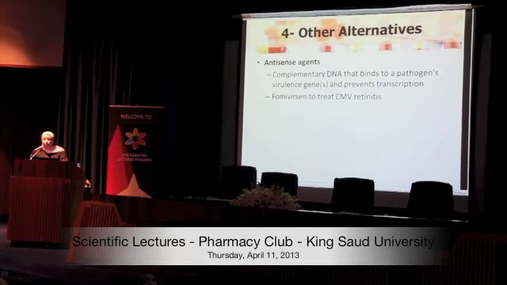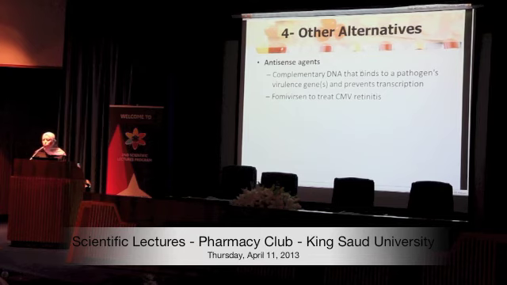Others include molecular pathways that target the DNA of the bacteria. Antisense agents are complementary DNA that binds with the DNA of the pathogen to prevent the virulence agents. The antisense agents are either DNA or RNA, to prevent the transcription of the messenger RNA.